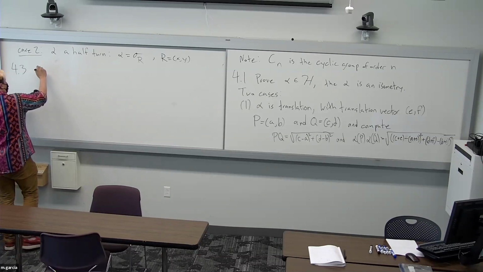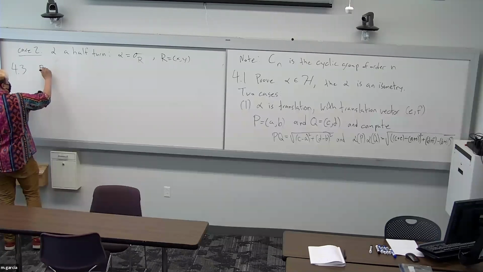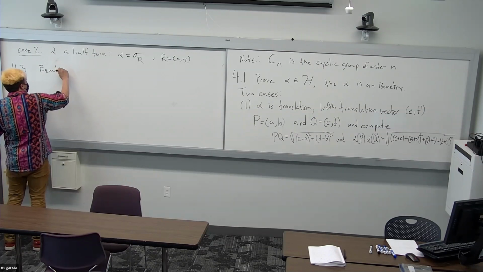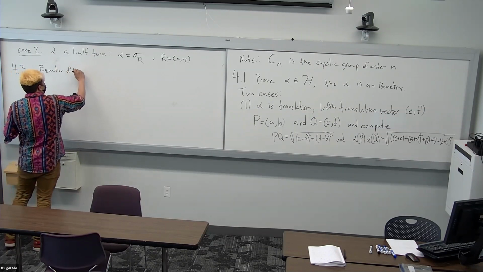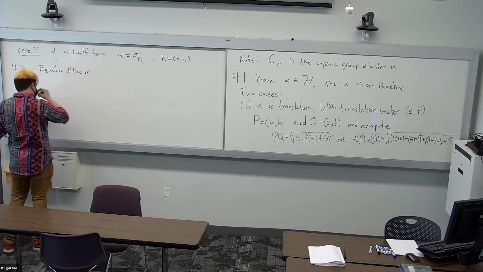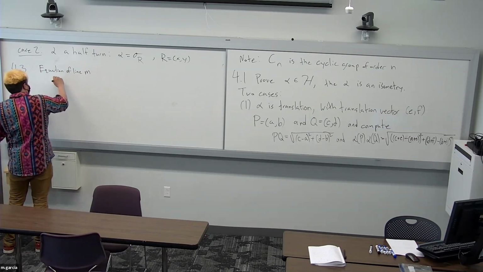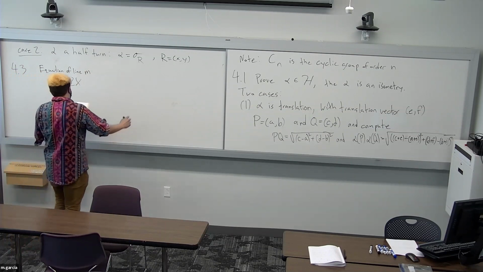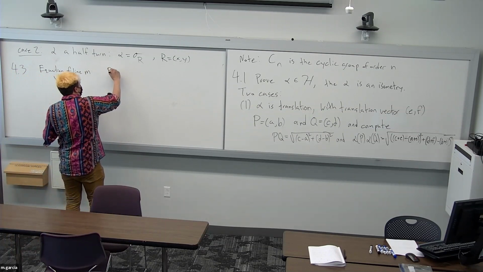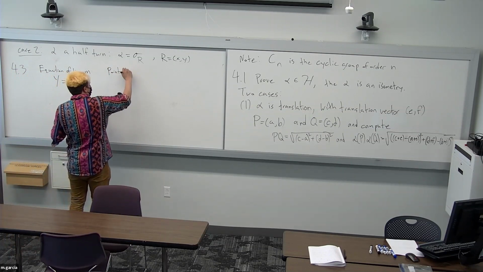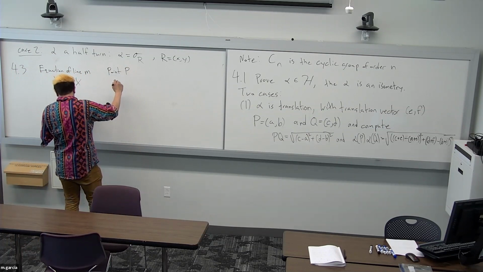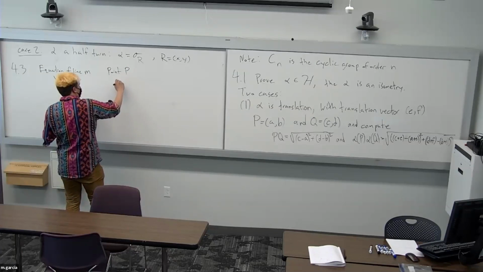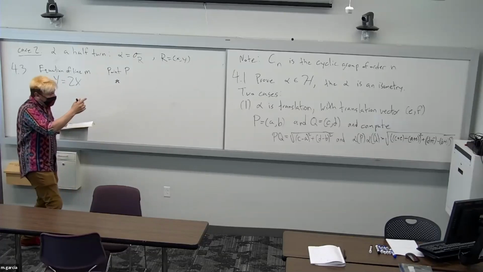So we have the equation of line M is y equals 2x. And we have point P. This is what we want to fill in.